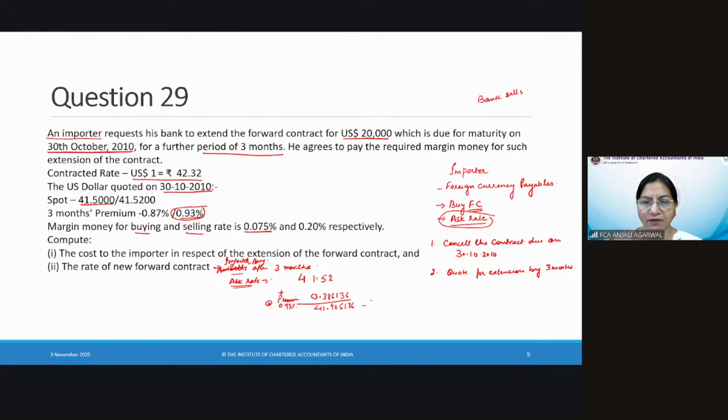Once again, you can round it off in multiples of 0.25. So instead of 61, we can have 41.9050. So the rate of new forward contract would be 41.9050 rupee per dollar.